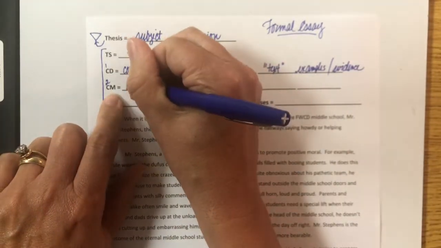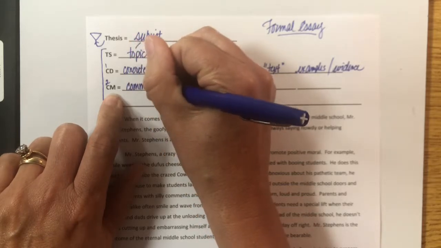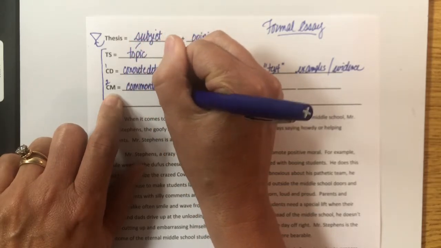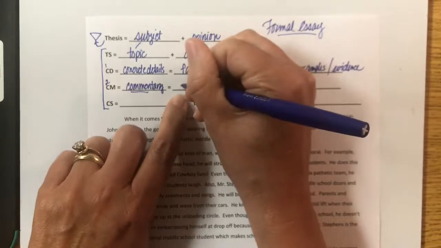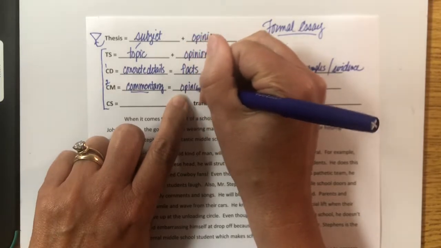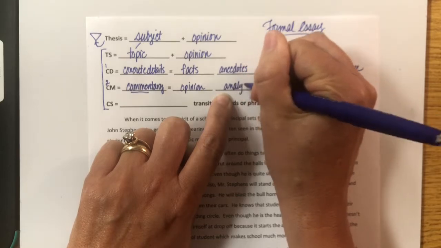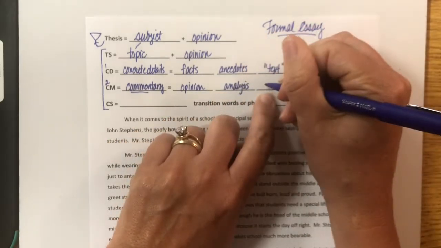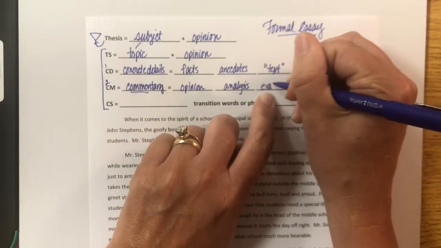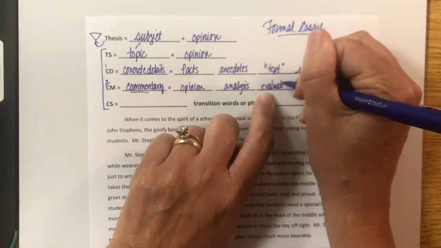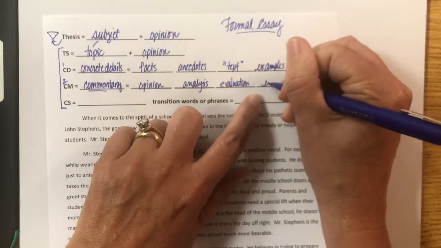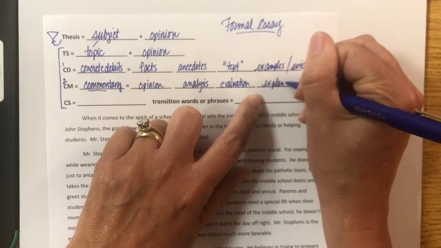Now, 1 CD, 2 CM. CM stands for commentary. And in the word commentary, you can see the word comment. And this is where you comment and you give your opinion, your analysis of a person or a character or of a moment, your evaluation of that moment, your explanation.